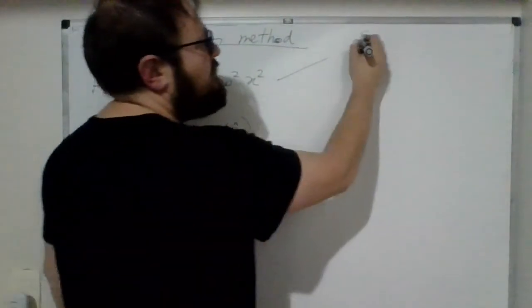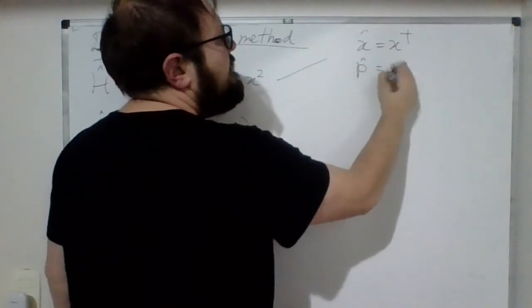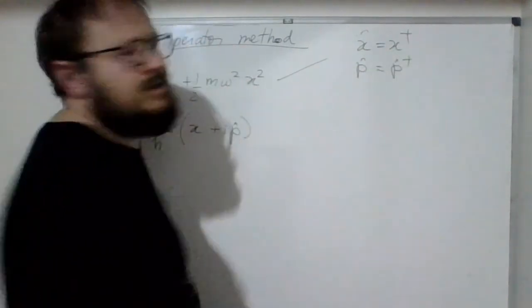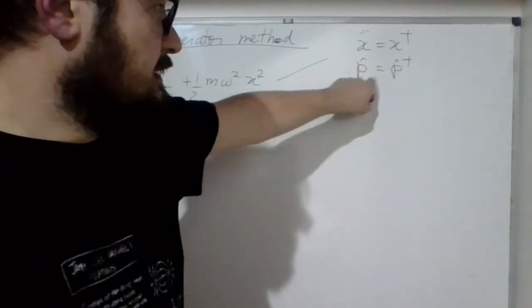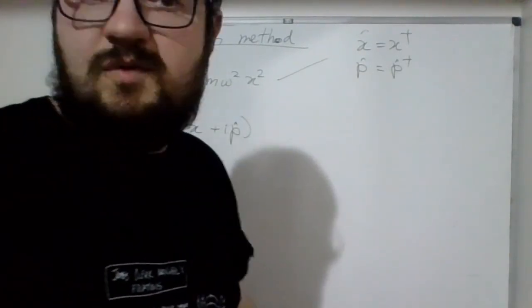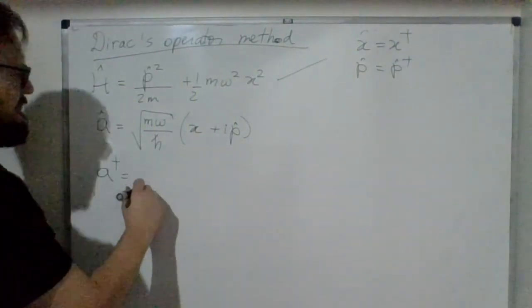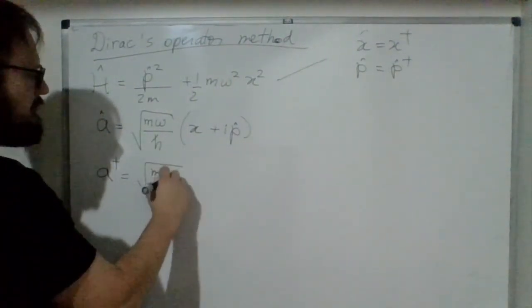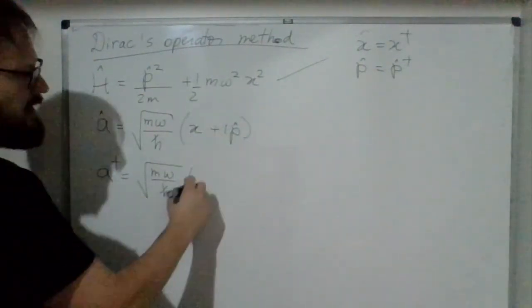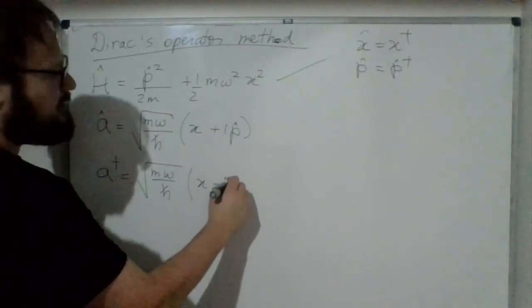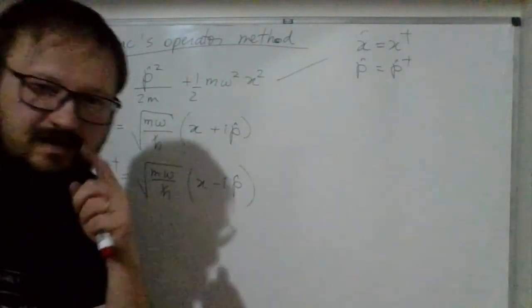And A dagger is the complex conjugate of this operator. Remember, observables are Hermitian: x is equal to x dagger, p is equal to p dagger. So A dagger corresponds to taking the complex conjugate of this operator, which becomes x minus i times p, just changing the sign of the imaginary unit.